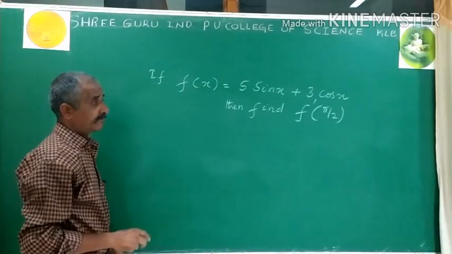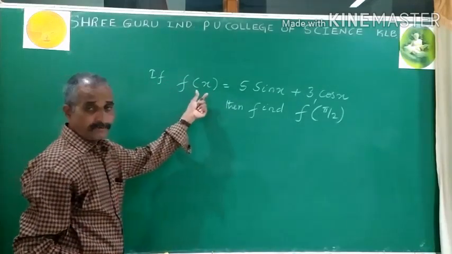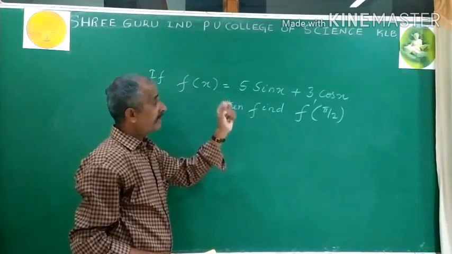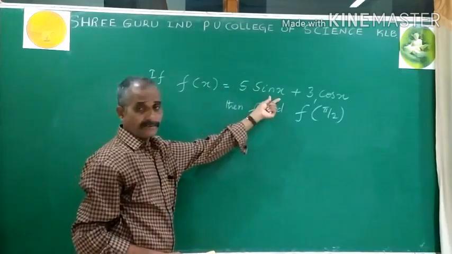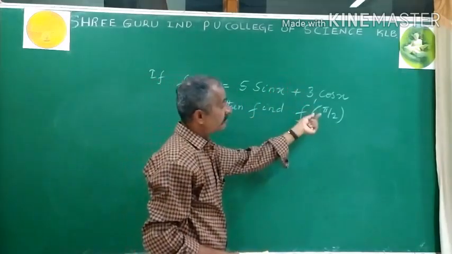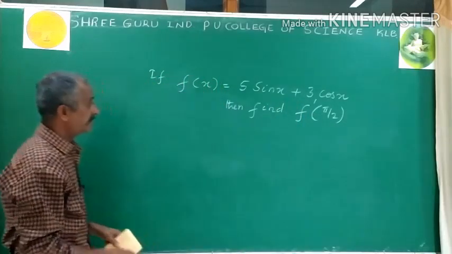So the meaning is that we first have to calculate f dash of x. In the result we get, wherever x is there, we have to replace that x by pi by 2. So, right, solution.